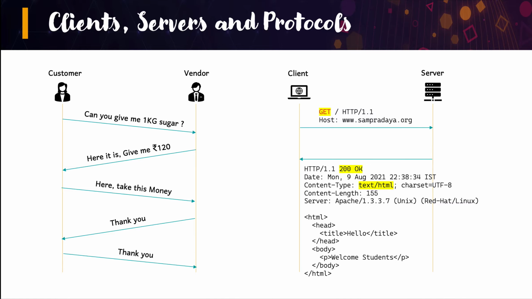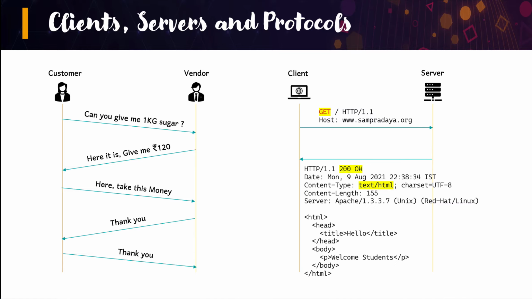And the server is an Apache server running on a Linux server. And then there is one empty line followed by the actual file itself. The file is an HTML file. We'll see what this file is about in a subsequent lesson. But for now, this is the communication between the client and the server.